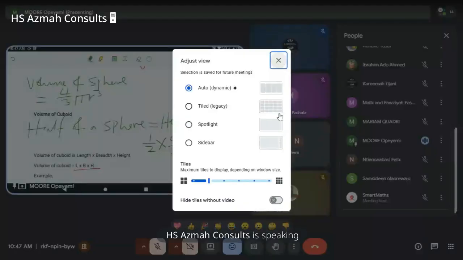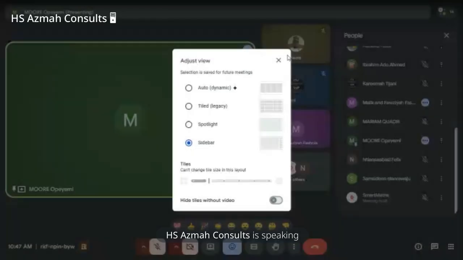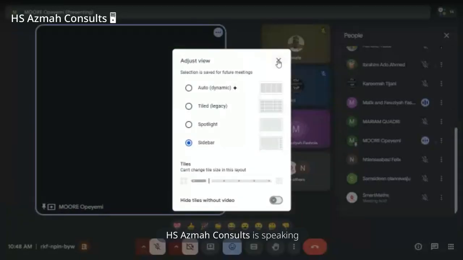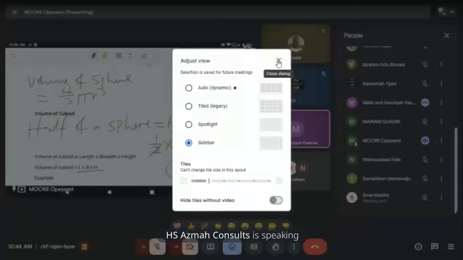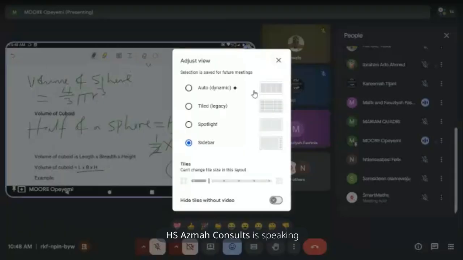When we have it like this, these two will cancel out 2 here. So the formula will become 2/3 pi r cube. That is the volume of a hemisphere.